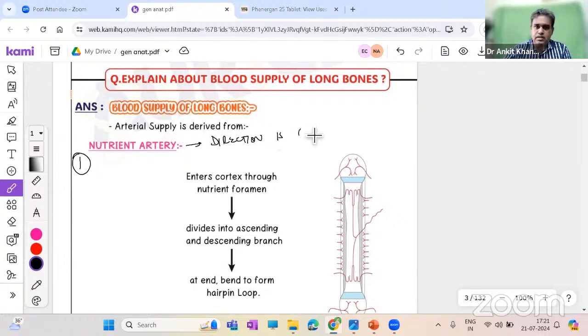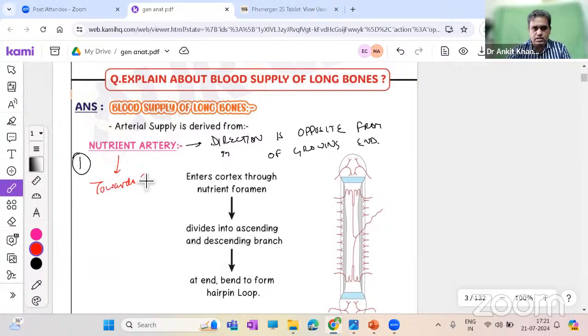The direction of the nutrient foramen is learned by a mnemonic: to the elbow I go, from the knee I flee. So basically the nutrient artery direction is towards the elbow, and away from the knee.